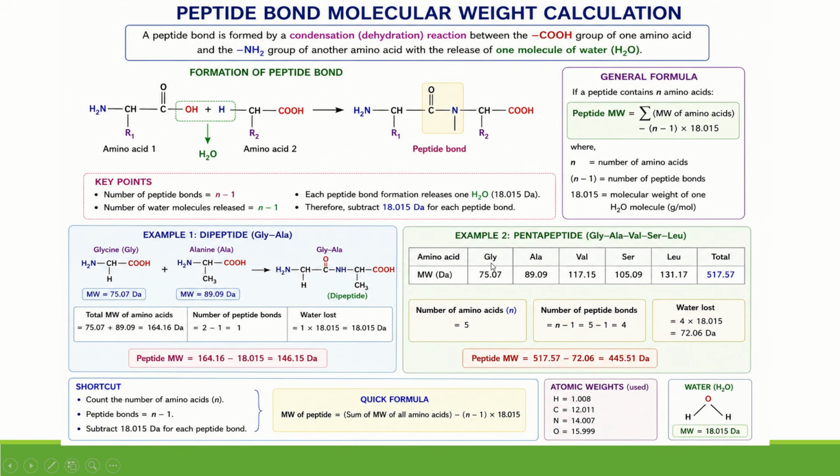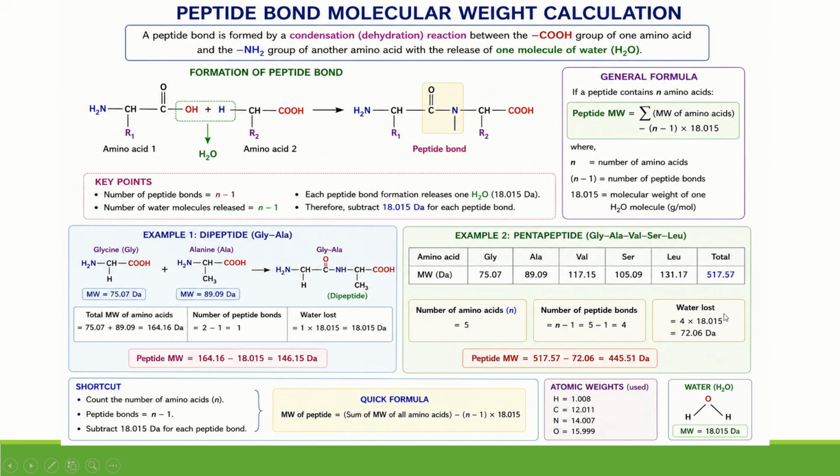And second example is pentapeptide. So, here the number of amino acids are 5: glycine, alanine, valine, serine, leucine. So, molecular weight total is 517.57. Here the number of amino acids are 5, number of peptide bonds n minus 1, here they are also in a linear form. So, we are keeping it as n minus 1 is equal to 5 minus 1 is equal to 4.